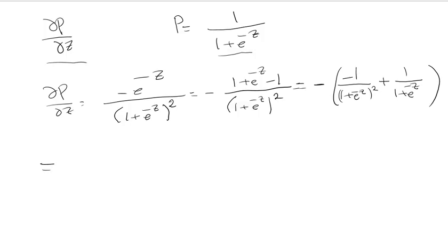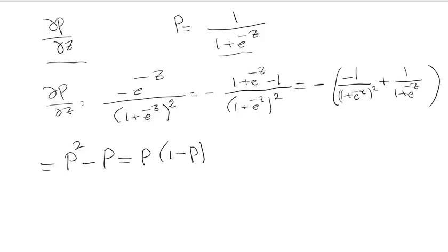And it equals p squared minus p, which is p multiplied by 1 minus p.